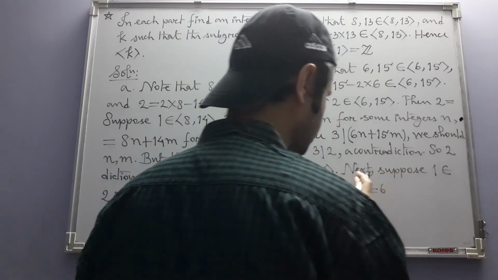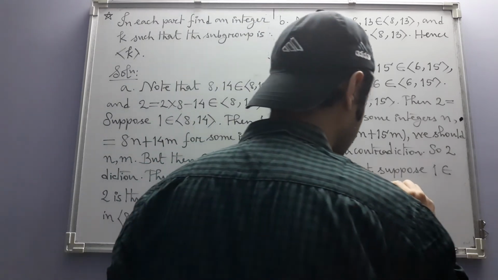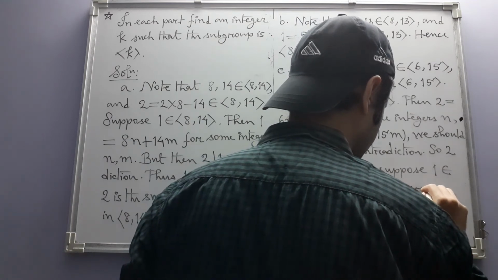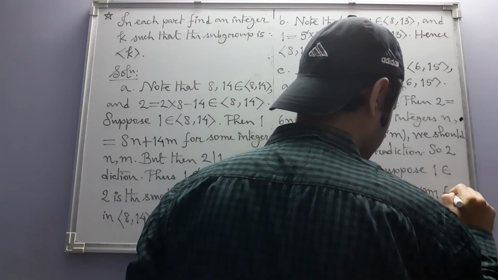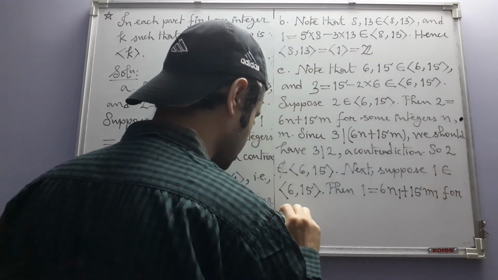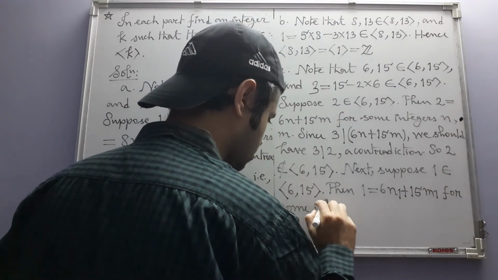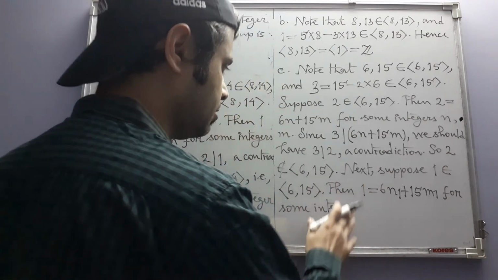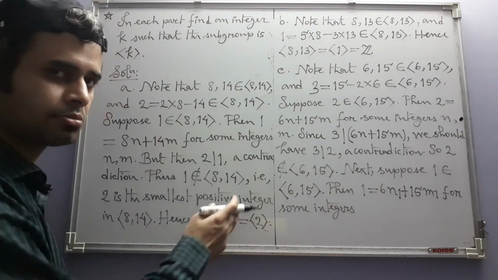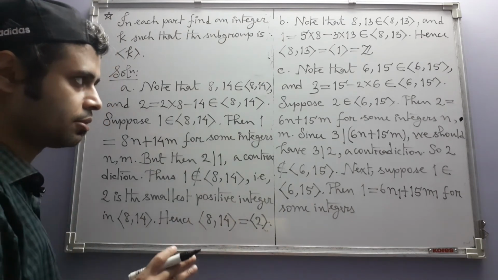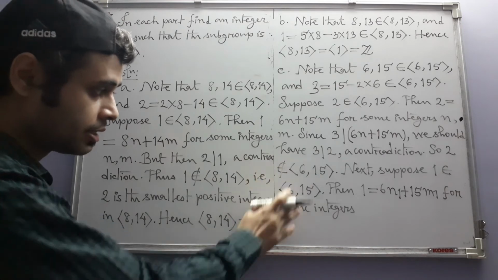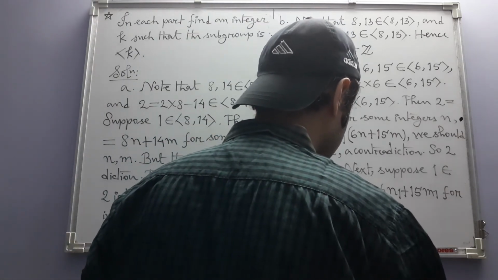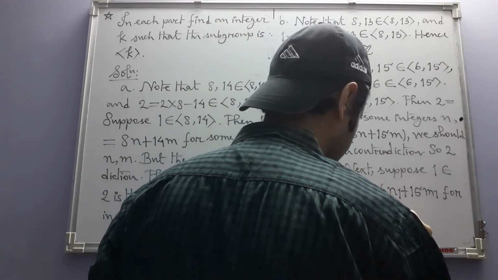Same thing, you can almost see what we are going to do here. 1 is 6n1 plus 15m1 for some integers n1 and m1. We could have just written that similarly we can show that 1 does not belong to this, but I just wanted to show the similarity to you.